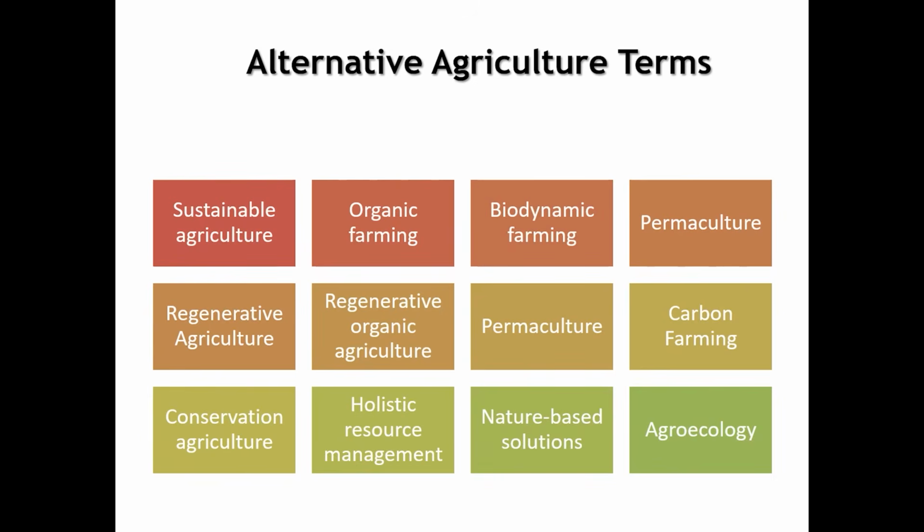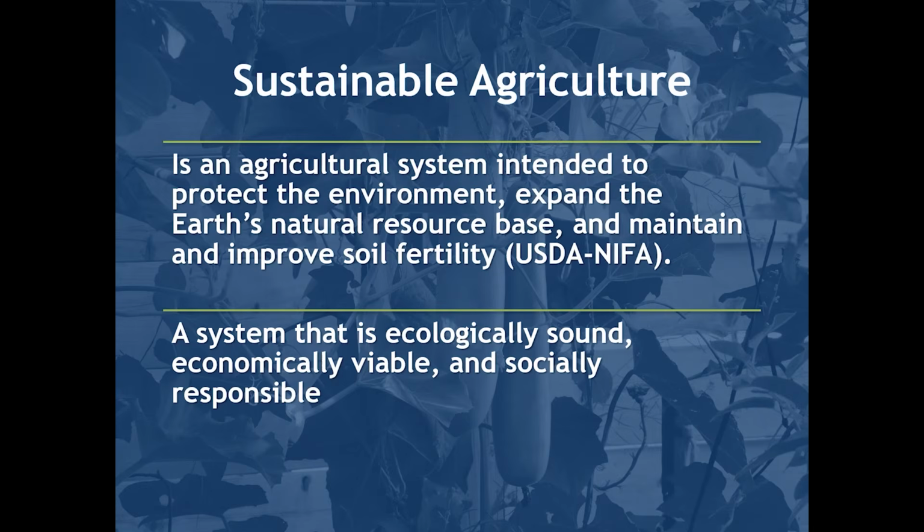So the terms such as sustainable agriculture, organic farming, biodynamic farming, permaculture, regenerative agriculture, regenerative organic agriculture, carbon farming, conservation agriculture, holistic resource management, nature-based solutions, and agroecology. Now, this may not be the entire list, but I'm going to talk about some of these systems.